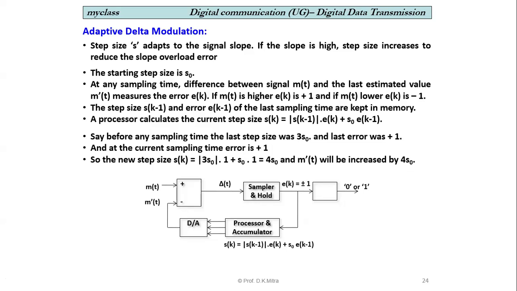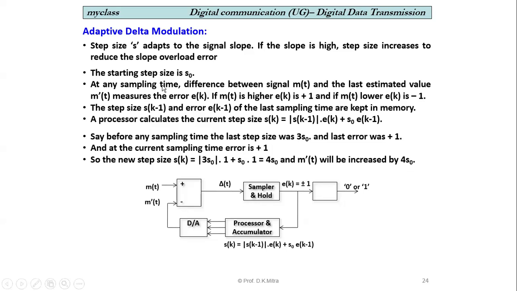Now, there is a basic primary step size, which we call S naught or S0. Then my actual step size can be 2S0, 3S0, 4S0, like that, right? You design an S0, then a multiple of S0 can be the step size.